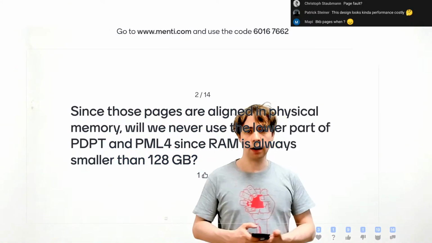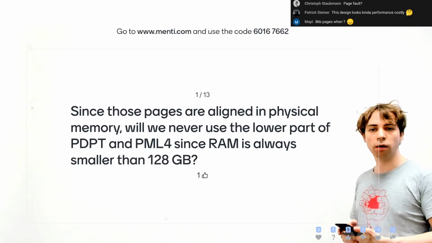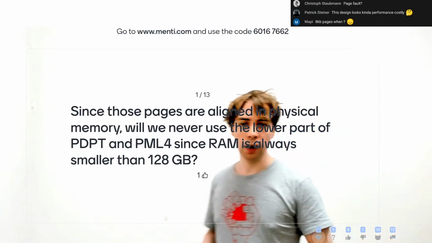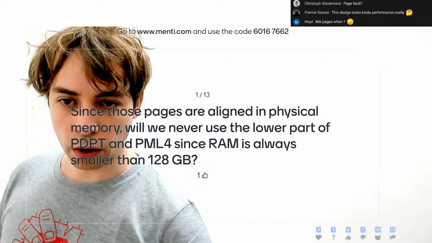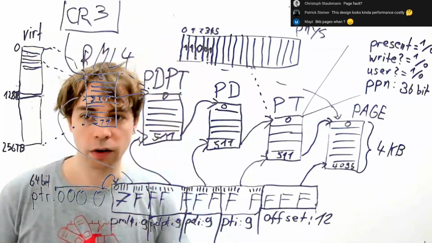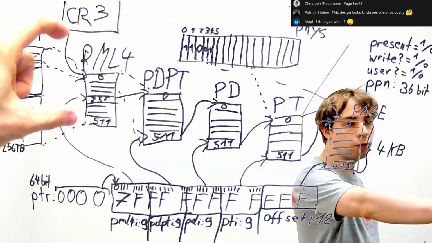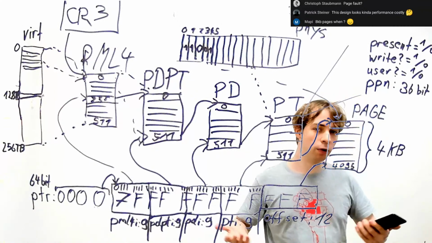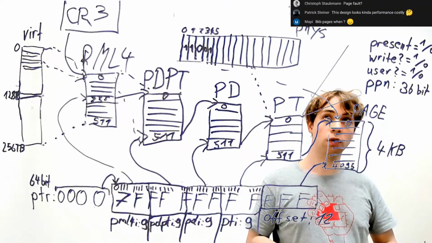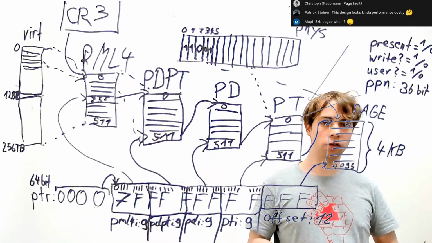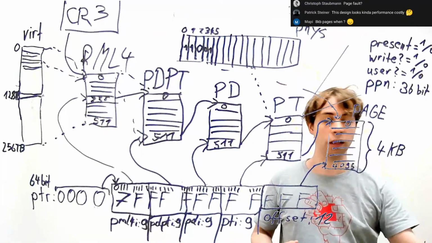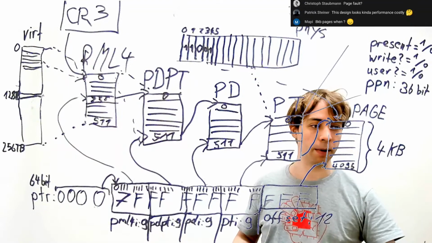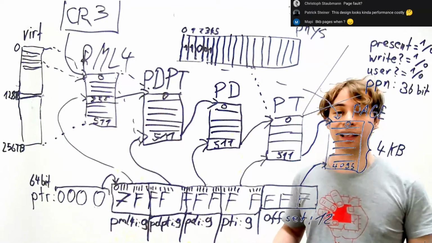Since those pages are aligned in physical memory, we will never use the lower part of PDPT and PML4, since RAM is always smaller than 128 gigabytes. No, this is not correct. So let me show you this one again. The page map level 4 splits up the virtual memory, and virtual memory you always have 2 to the power of 48 bytes of virtual address space, no matter how much physical memory I have. So in SWEP you will boot a system where each process has 256 terabytes of virtual address space, and the physical memory is 8 megabytes.